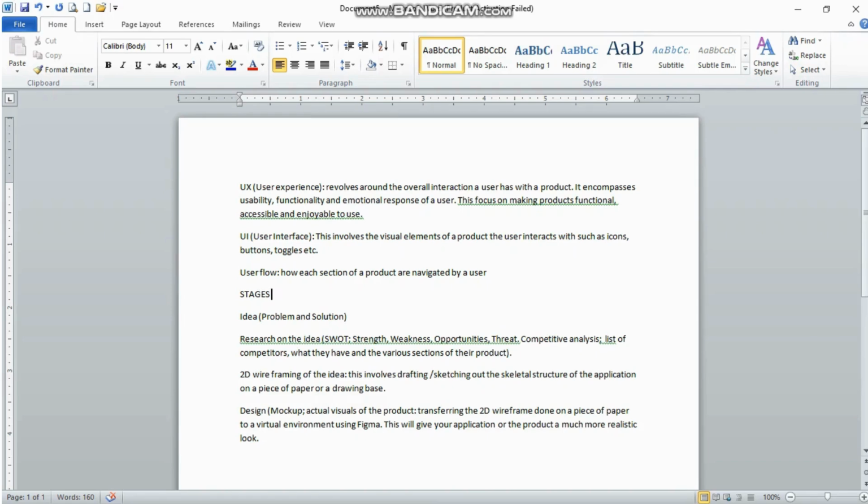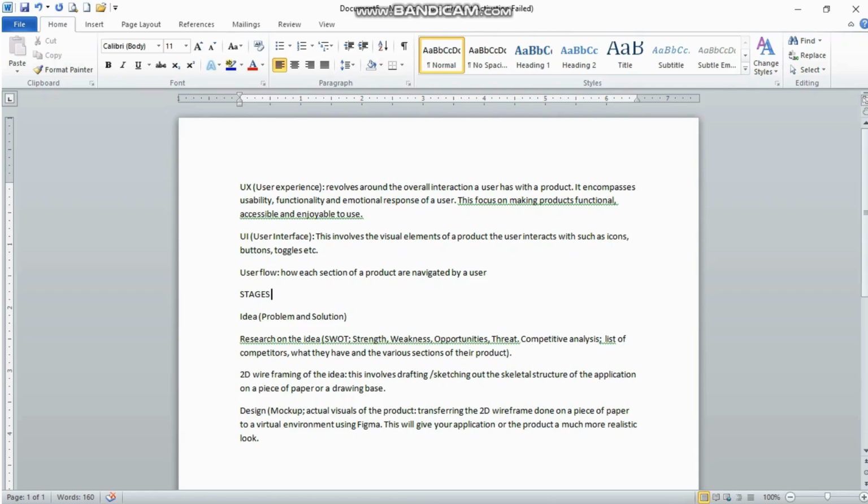We have the research stage, which involves making your SWOT analysis and competitive analysis on the problem and the solution. The solution is usually your product. It can be an application, it can be a website.